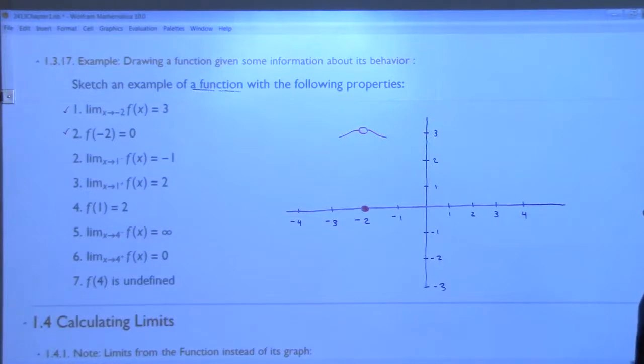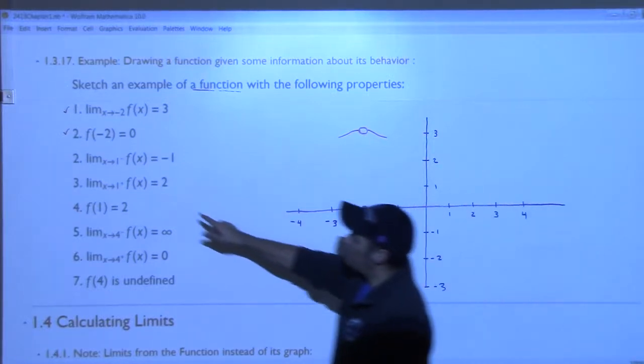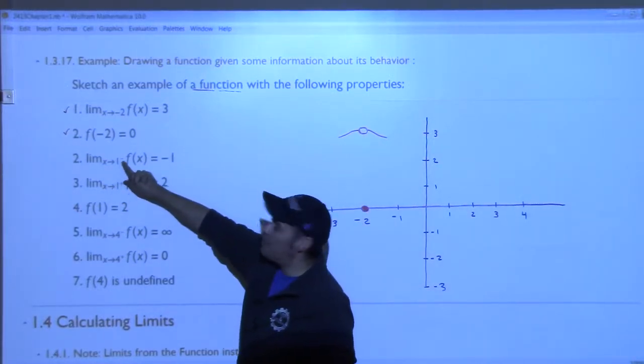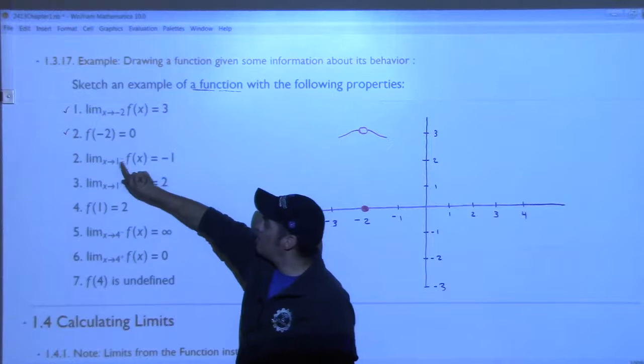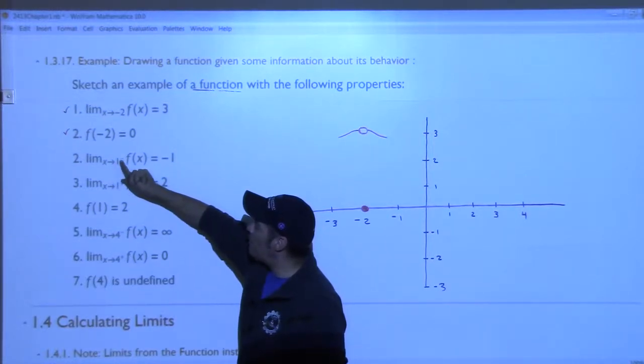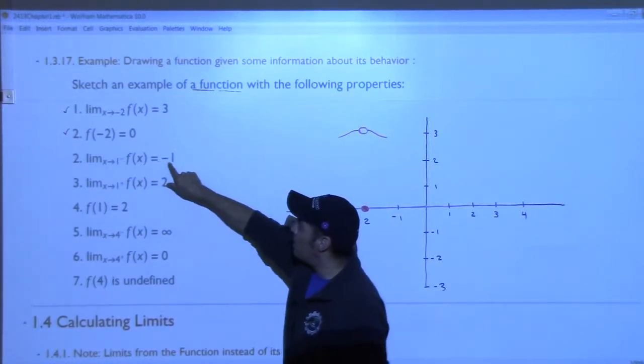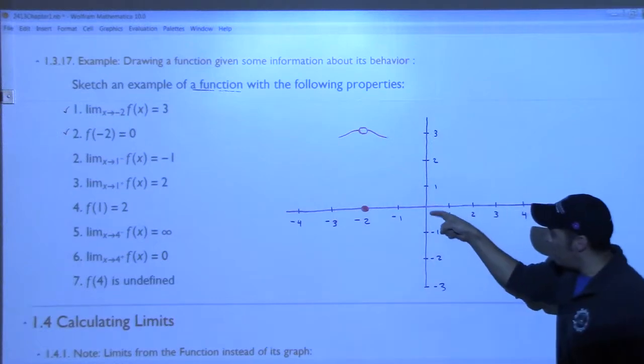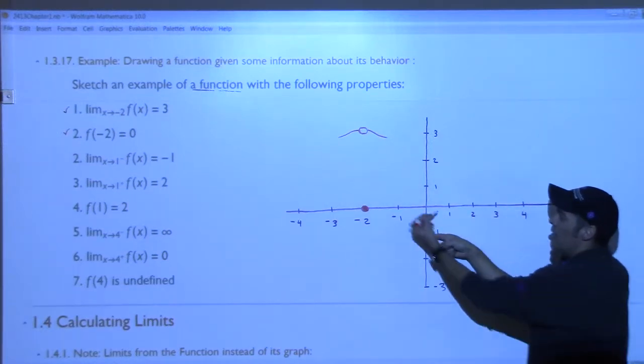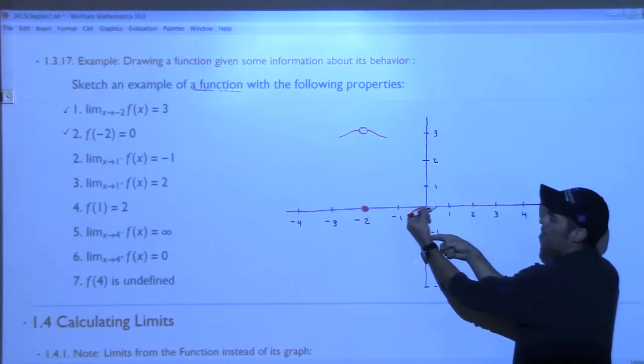So the function's value is approaching -1 as x approaches what? 1 from the left. So as we approach 1 from the left-hand side, can you all see that little negative sign? As we approach 1 from the left, our function should be approaching -1. So I go to -1 here, that's where I'm approaching, as x approaches 1 from the left.